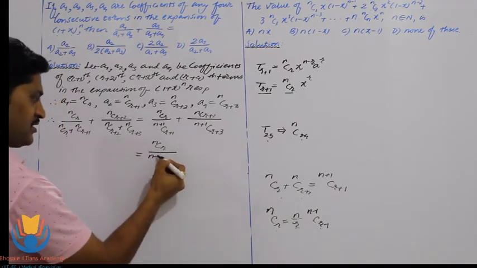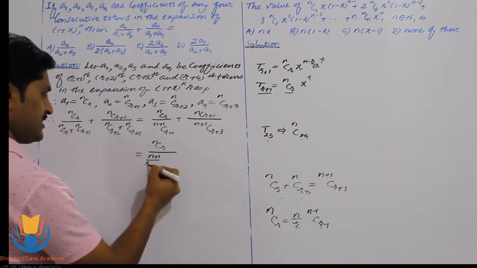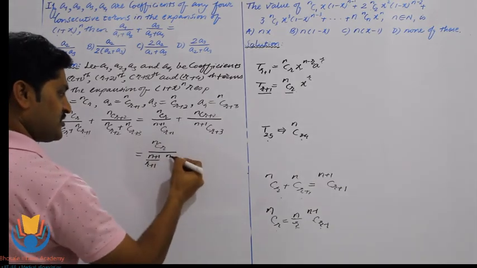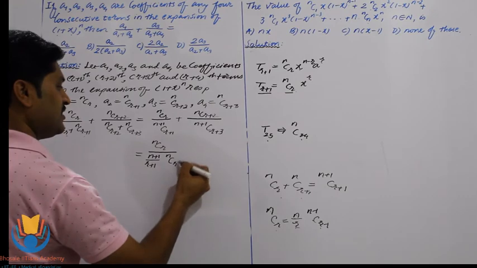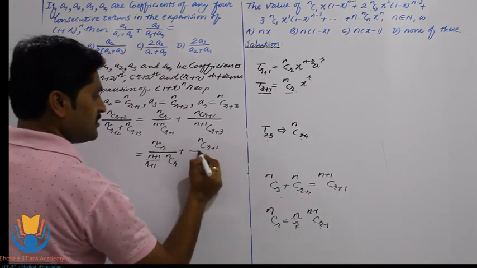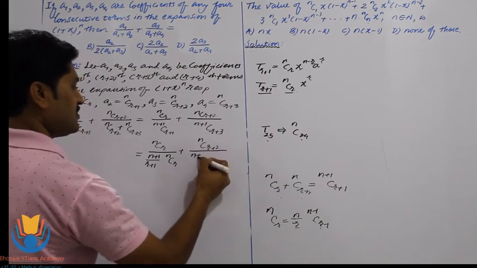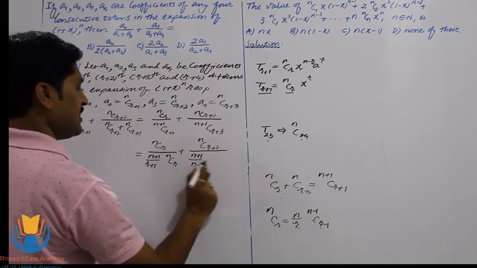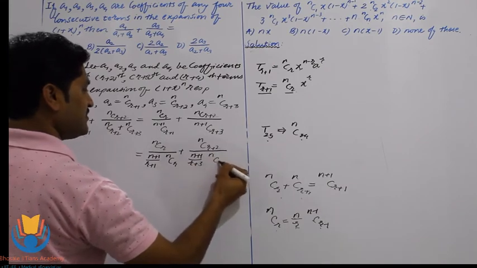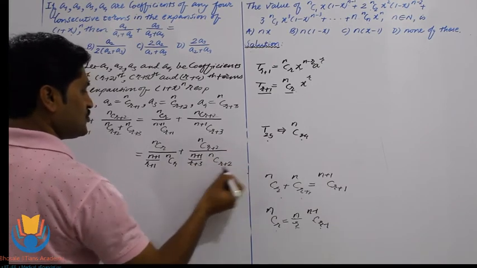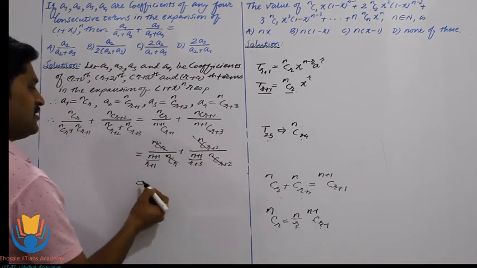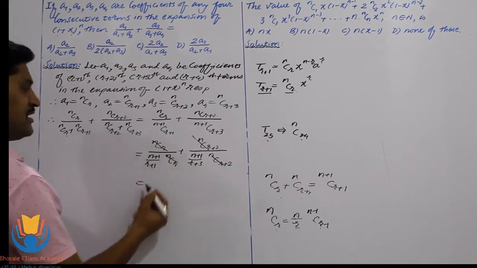So n plus 1 upon r plus 1 I am writing as it is, and we will reduce those two values by 1 each. Similarly, this denominator will also become n plus 1 upon r plus 3, and the nC(r+2). So the nC(r+2), nC(r+2), and this nCr get cancelled. So this is 1 upon (n+1) upon (r+1).